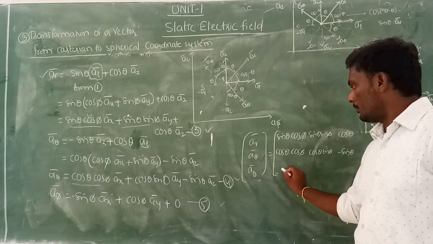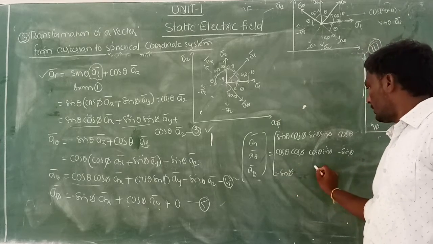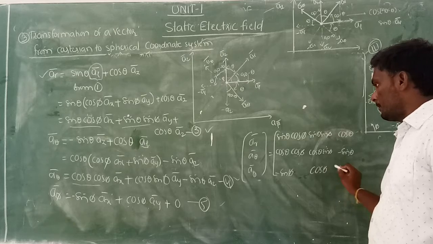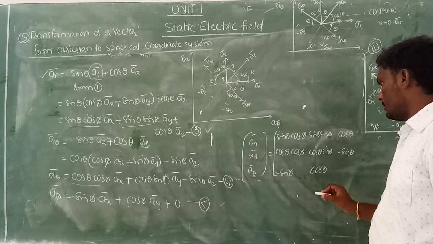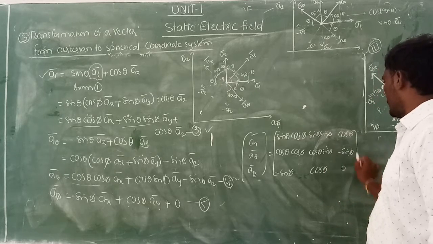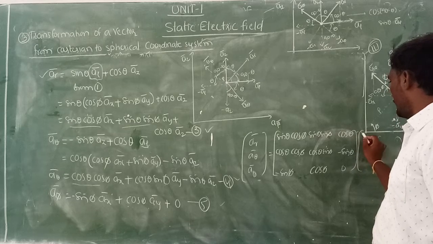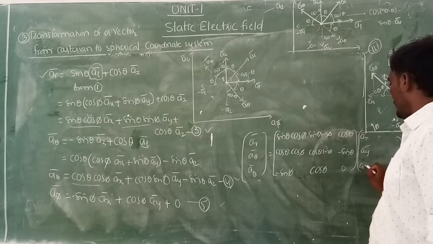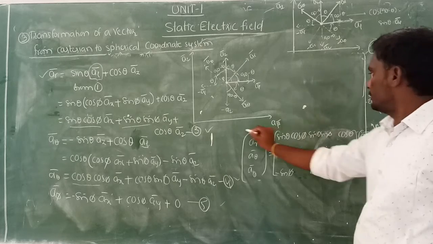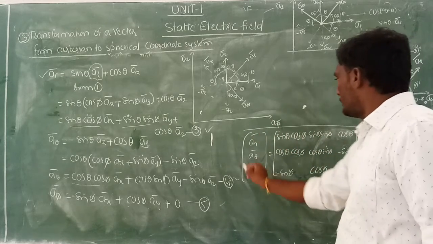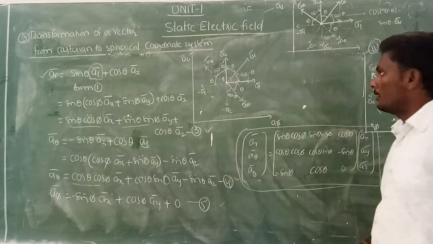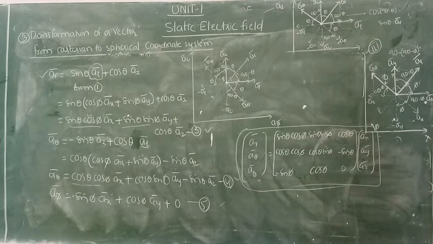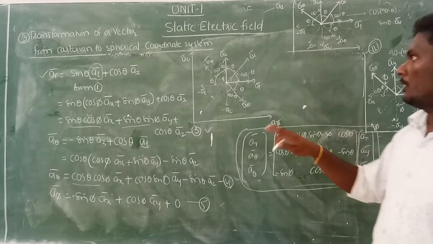And what about here? Minus sin phi, cos phi, 0. The variables are ax bar, ay bar and az bar. By using this matrix, we can convert the Cartesian coordinate system into spherical coordinate system, and vice versa.